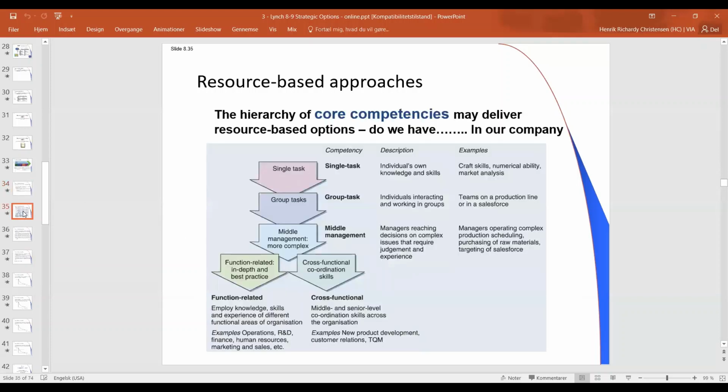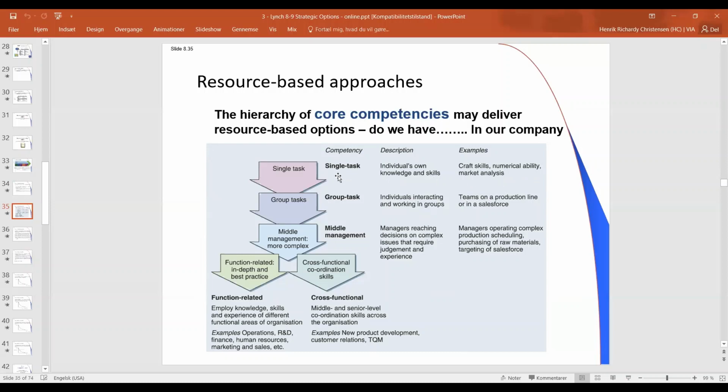Then we have this idea about different kinds of competences. And when we look at these models, it's not really a model, it is simply a suggestion of how to look into competences. And we can have a single task competence. That is an individual's own knowledge and skills. And examples are craft skills, numerical ability, market analysis.